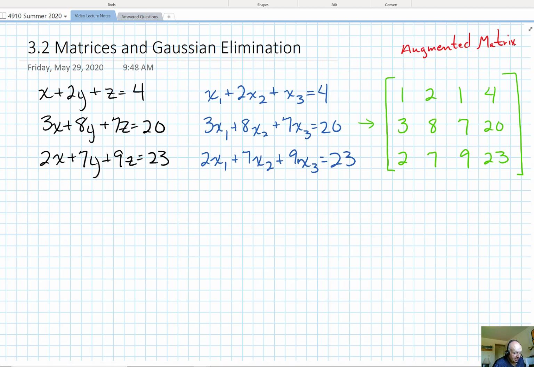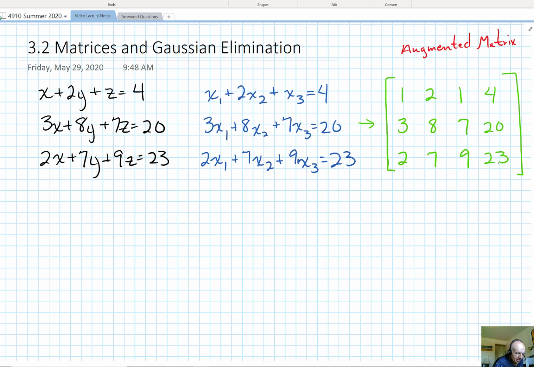So that augmented matrix represents the entire system for us. A lot of times we'll see a dotted line put in here, but we kind of drop that convention. We just say it's an augmented matrix, and so you know that last column is the right-hand side. So it's easy to go from a system to its matrix, and from the matrix back to the system. Okay. And so that's our matrix.